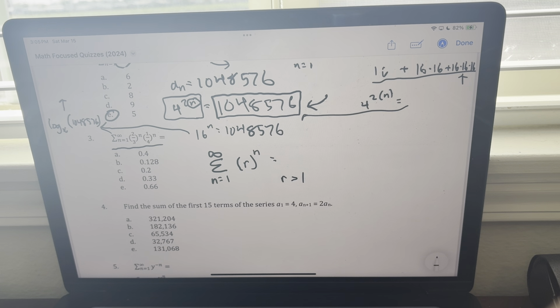So if r is greater than 1, then this is called diverges. So if you get a problem like this, you'll likely see an option that says this diverges or something like that. And it only diverges if this number right here inside of the power to the n is greater than 1.